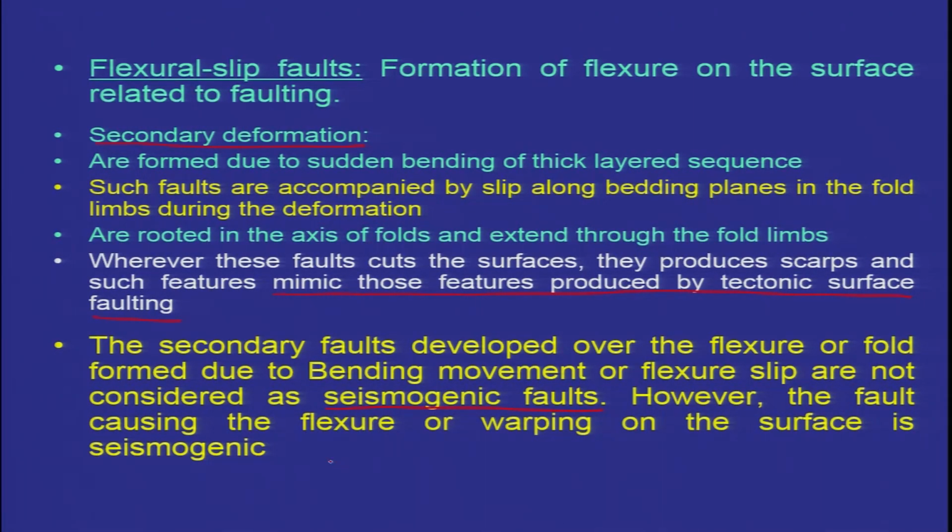So what it says is that the folding, warping or flexuring is co-seismic or seismogenic, but the displacement which you see on these flexures is because of the bending moment or the flexure slip, and they are not seismogenic, but the folding which has occurred is seismogenic, as we were looking in the previous slide from the trench log of Alasnam earthquake.